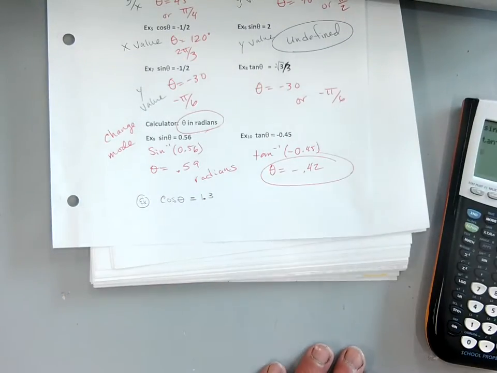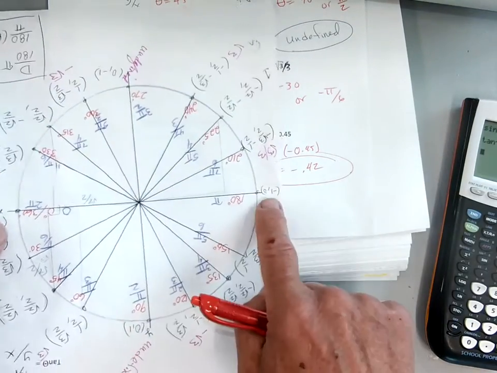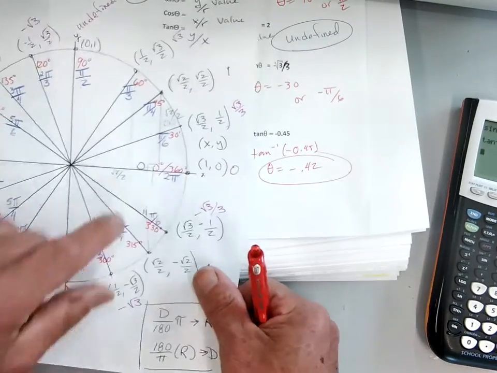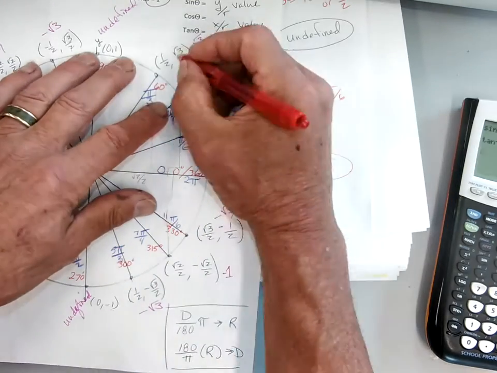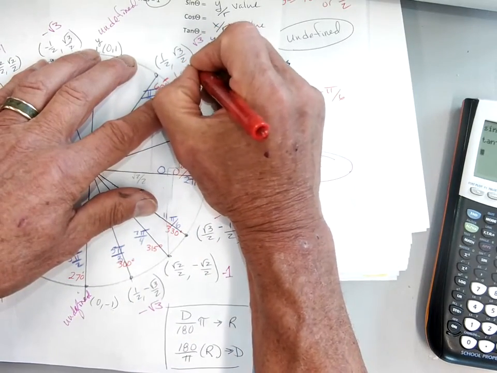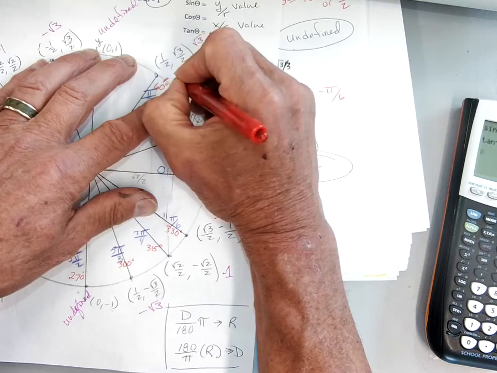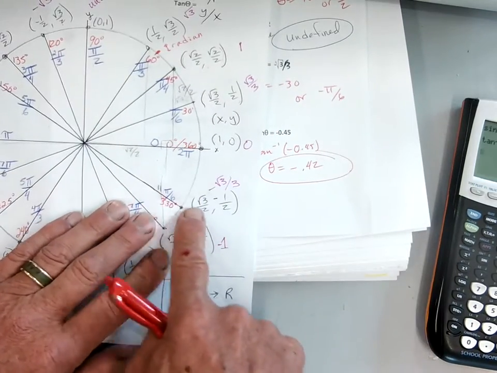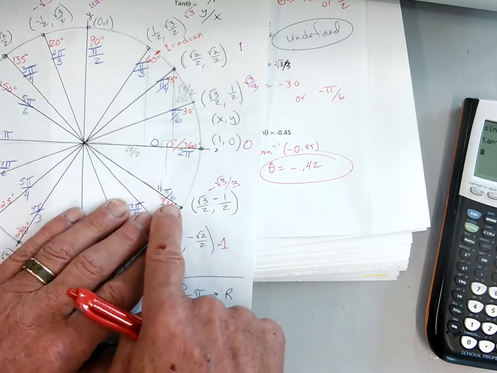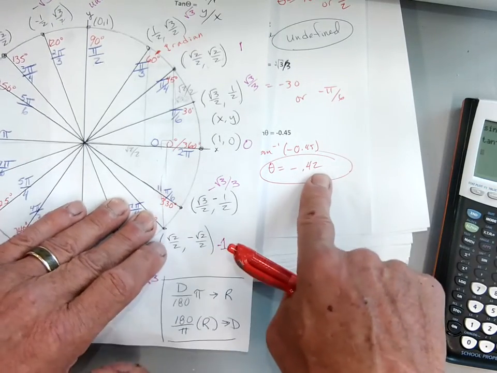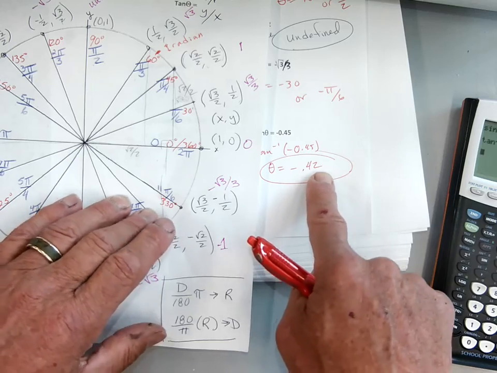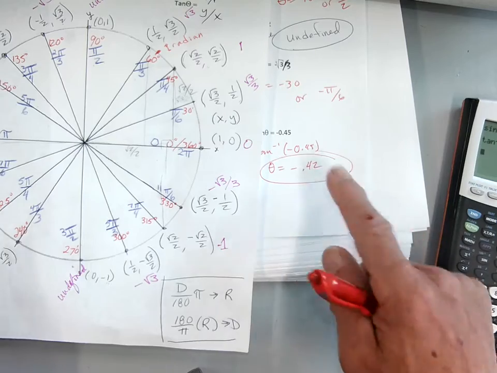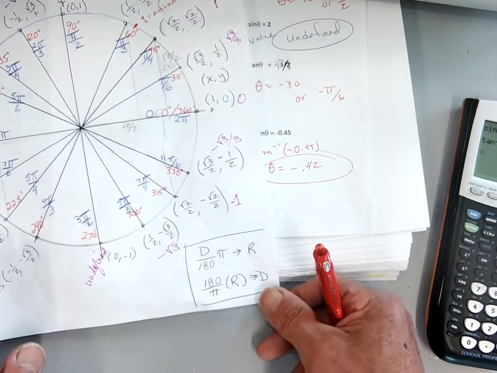It seems like the weirdest angle ever, but you remember that if 1 radian is about here, then negative 0.42 radians is probably around here somewhere as far as radians. It's an angle. It doesn't even look like an angle. That looks like a decimal. But it's an angle in terms of radians. Weird, I know. It takes a couple of years to get used to radians because they're weird.